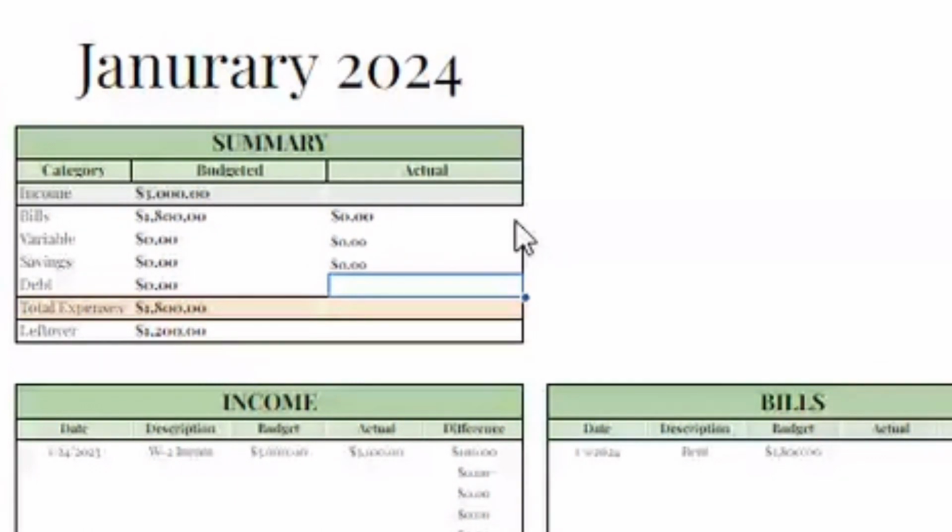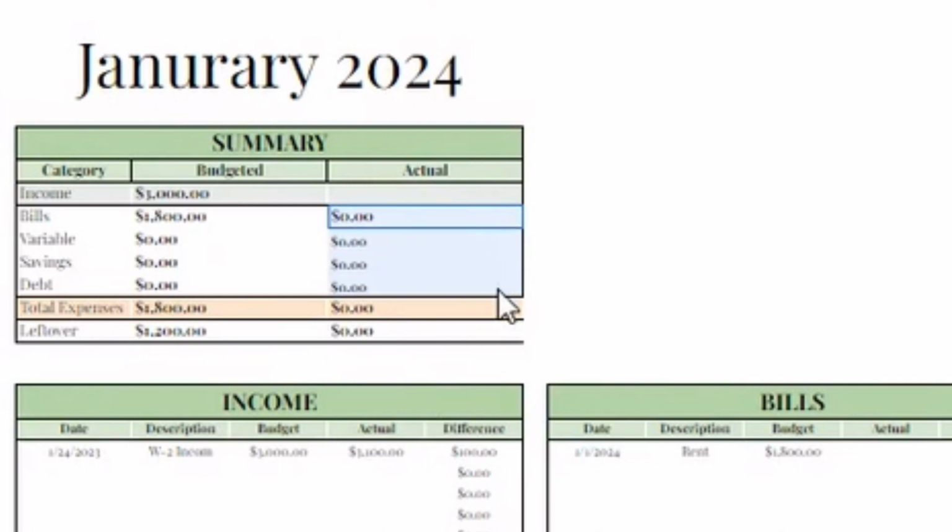Debt is AA50, so equals AA50. Then total expenses, you can probably just click this over and it'll do the math for you there. Same thing with this one. You can drag it over and it'll calculate it for you. So your income subtracted by your total expenses.